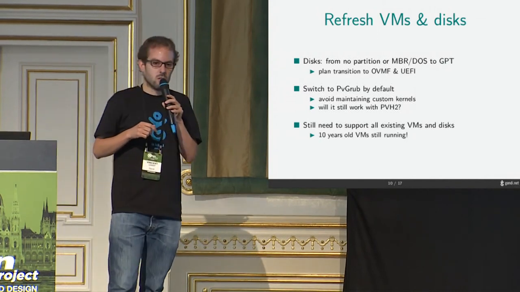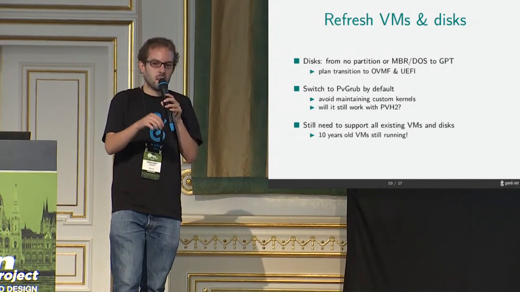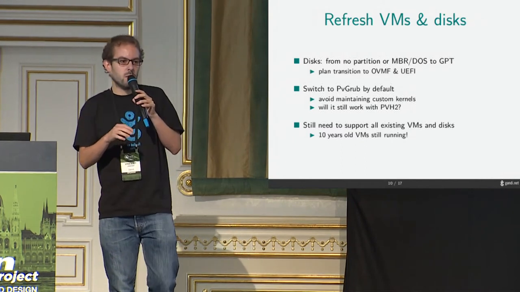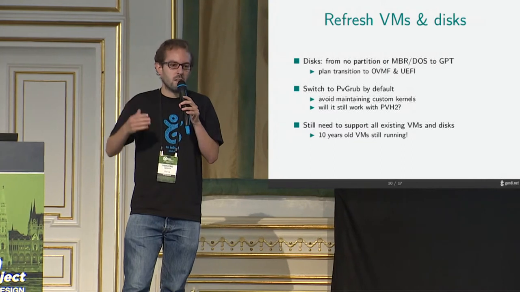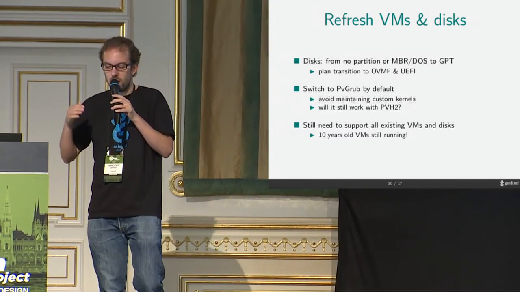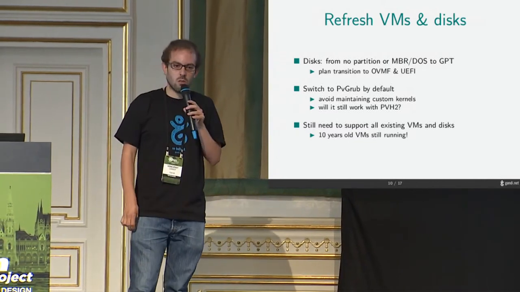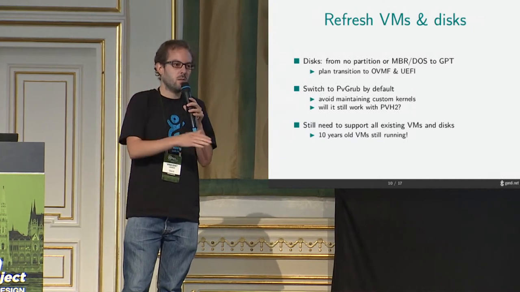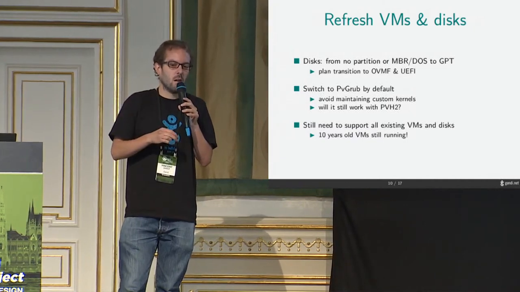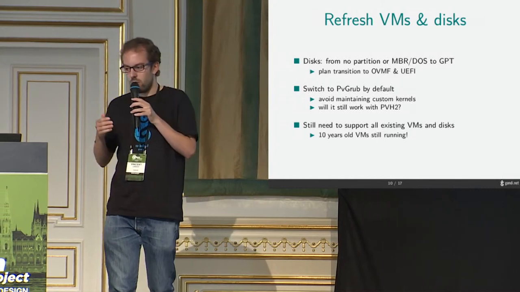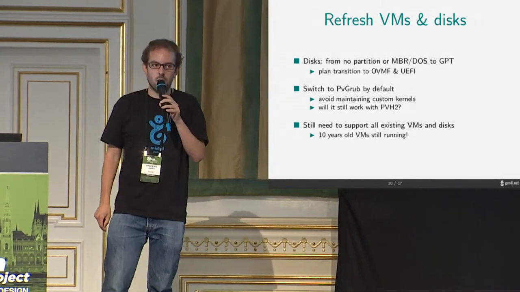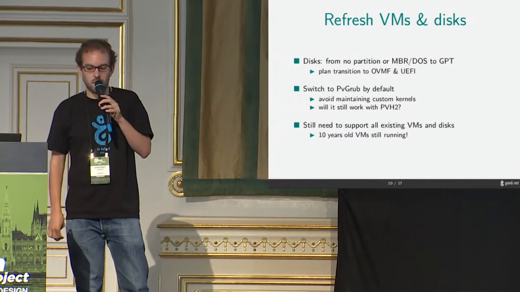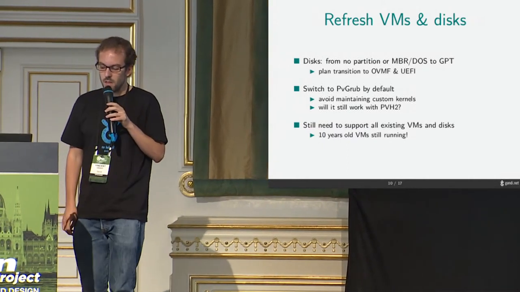We do that because we want VMs that we create today to be able to use the new features of Xen, even ones that might be available in a few years or for the next release of Xen. So we think that by creating GPT disks right now, the VM will be able to use, for example, UEFI or OVMF, even if it's only available in a few releases of Xen.